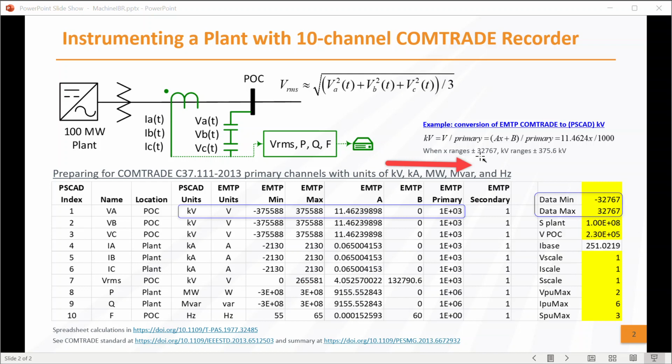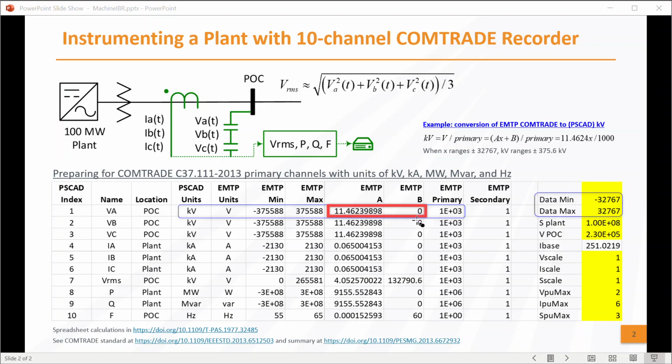So in this table, which we provide on the GitHub repository and in your download in a spreadsheet, we're calculating the scaling factors and the offsets to use in EMTP. So we're going to put in the scaling factor and the offset for, say, the voltages.